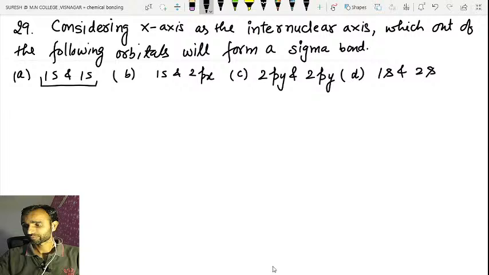Sigma or pi? Fast. Respond fast. It is a very easy question. Speak, beta.